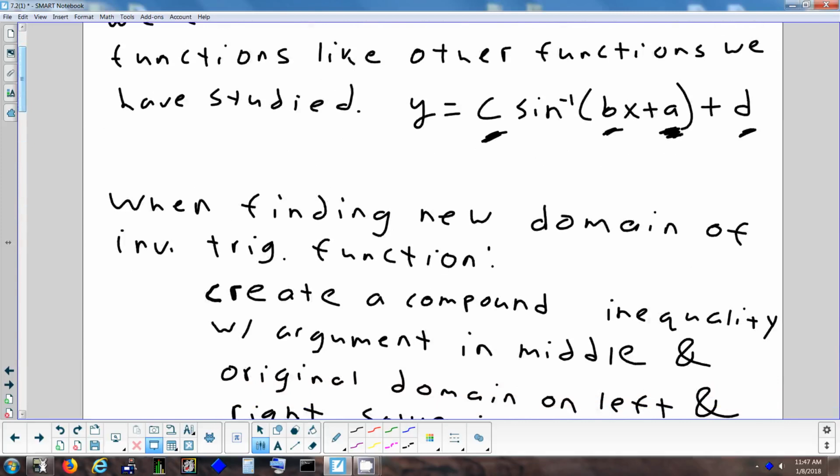If you don't know the original domain, you're not going to be able to find the new domain. So those formulas I had at the beginning of the class, domain, range for each one, you need those. And I would just put them on a reference sheet because it's kind of confusing to memorize them all, so write them down so you don't have to.